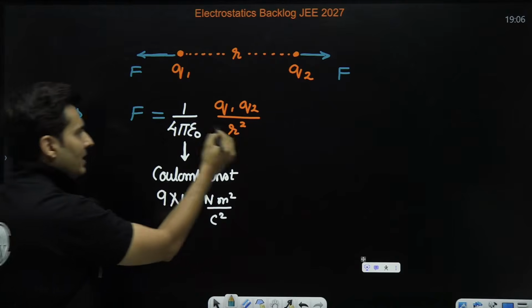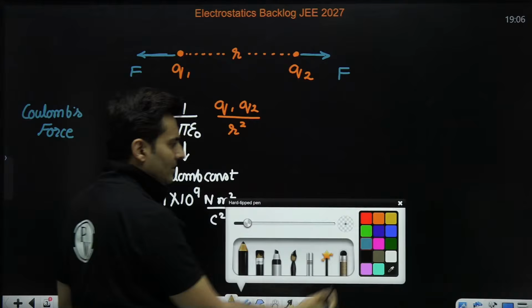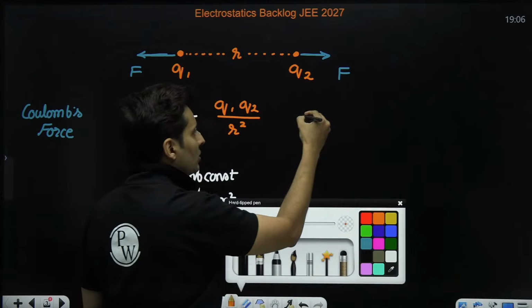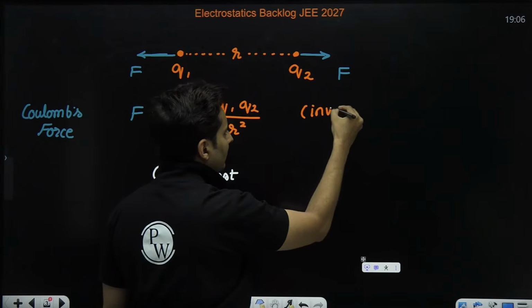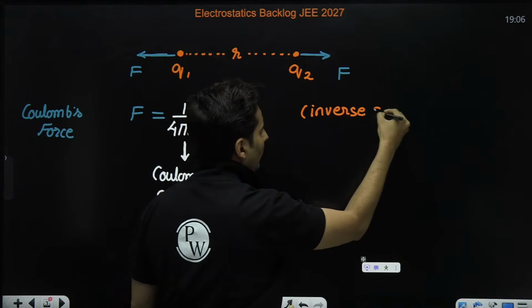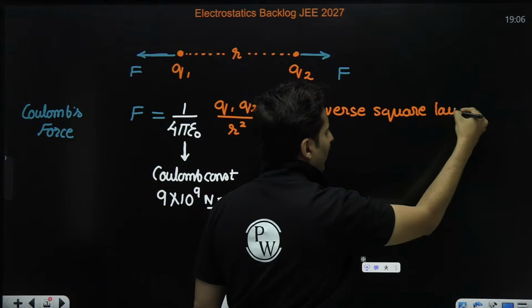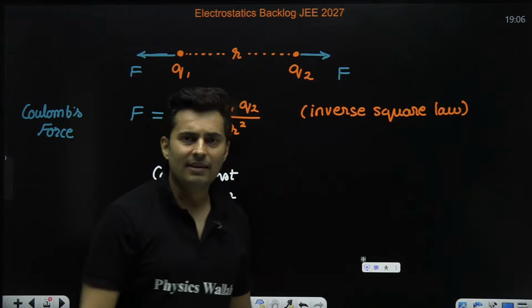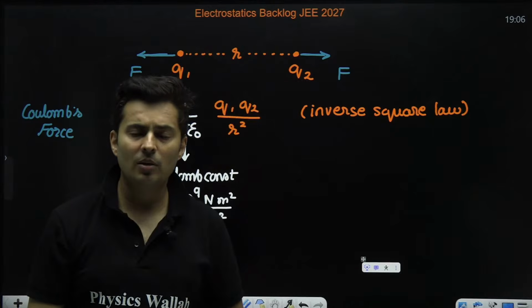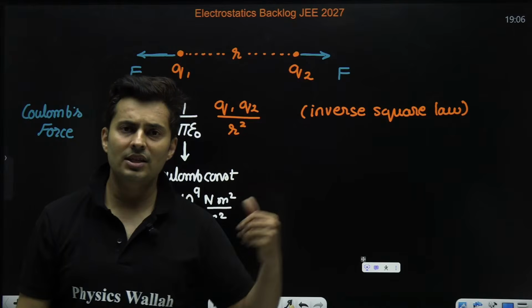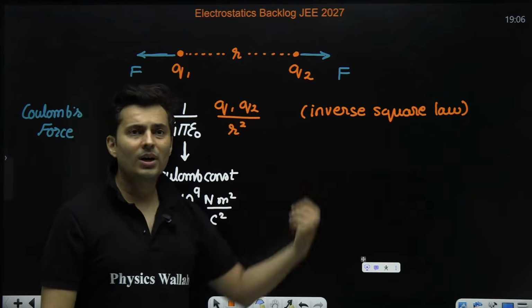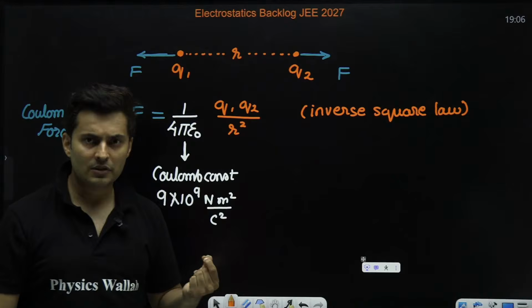And because there is a square of the distance in the denominator, it is also called the inverse square law. Like the law of gravitation is also an inverse square law, because the gravitational attraction is inversely dependent on the square of the distance.